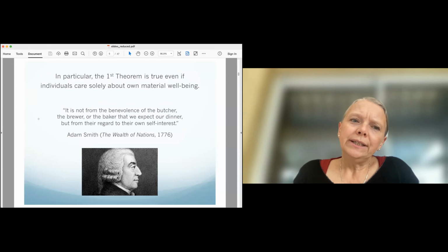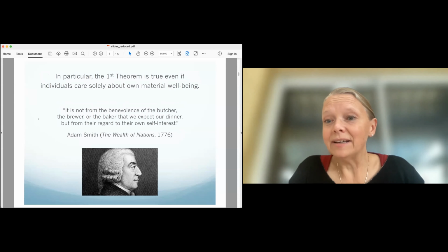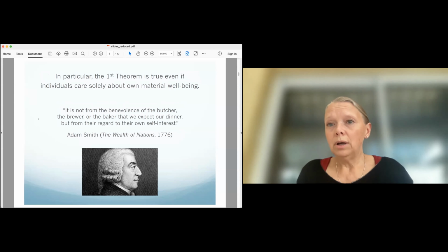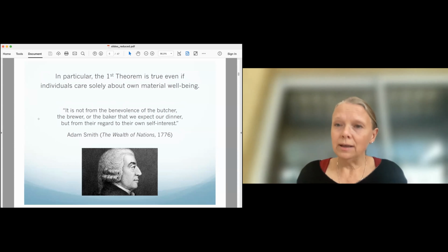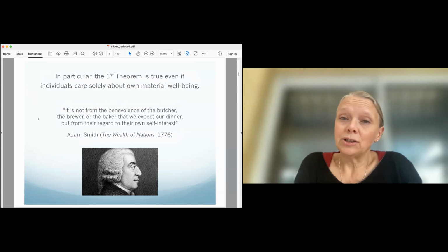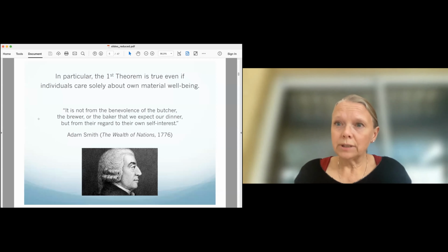What is particular about this welfare theorem, an idea that dates back to Adam Smith, is that it is true even if individuals care solely about their own consumption utility, or material well-being. The first welfare theorem is stated under the implicit assumption about the consumers' utility functions that they do not care about each other.